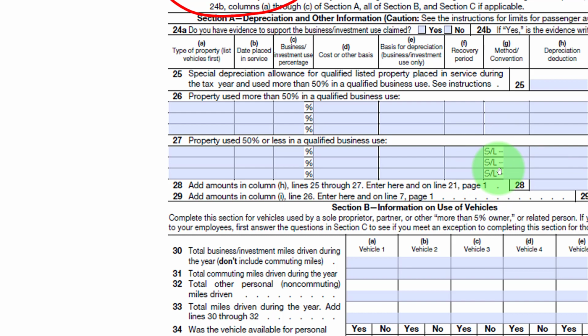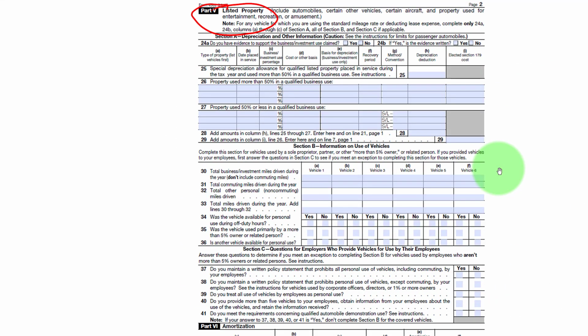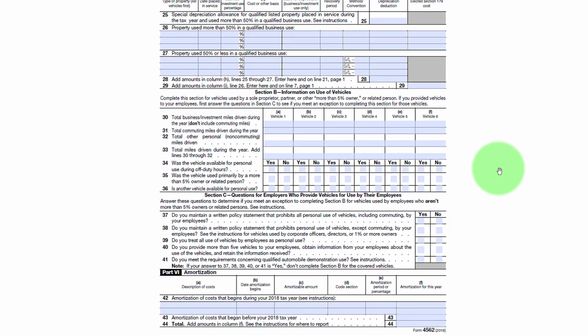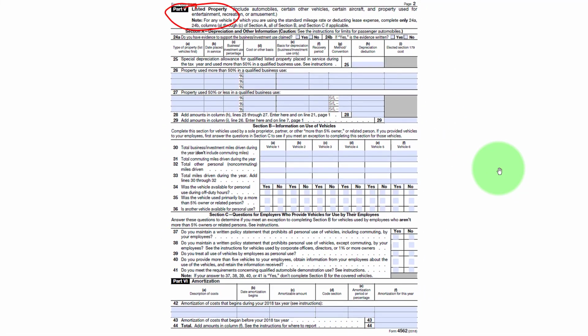And they ask you a lot of questions regarding the nature, the personal use, to make sure you're following the correct rules here. Now at the very bottom of the backside of this form, part 6 would be the calculation for amortization. And just like the MACRS depreciation, they're basically asking you only for the 2018 new amortizable assets.